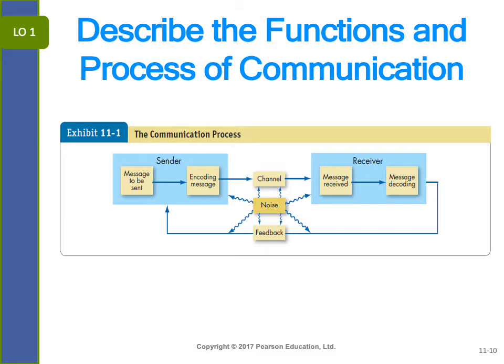When you look at this framework, at Exhibit 11-1, the sender has a message that she wants to send, and then she will encode the message. How will she encode the message?